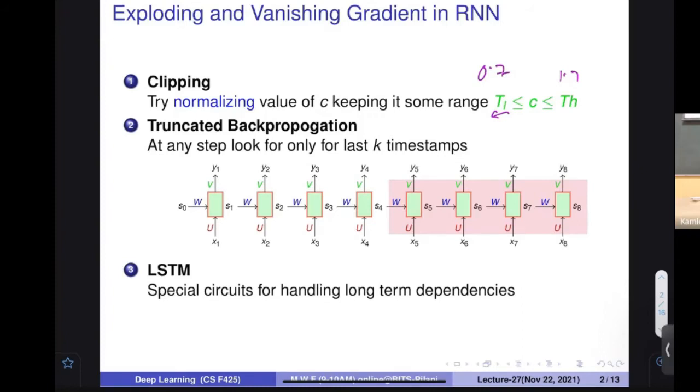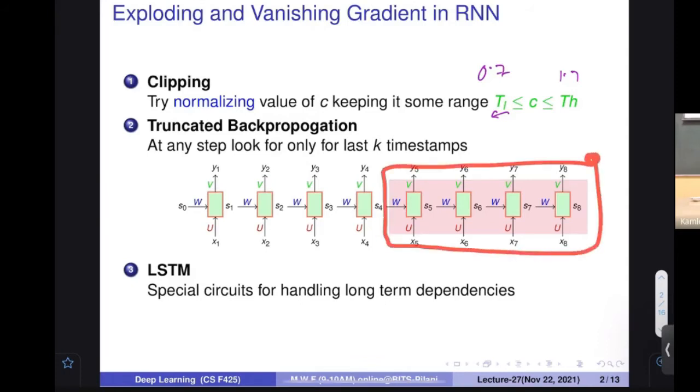In the last class, we discussed all these things, but we realized this particular fact: truncated backpropagation is a good thing to solve your problem of vanishing and exploding gradients, but it would not be able to find the context from this particular area.